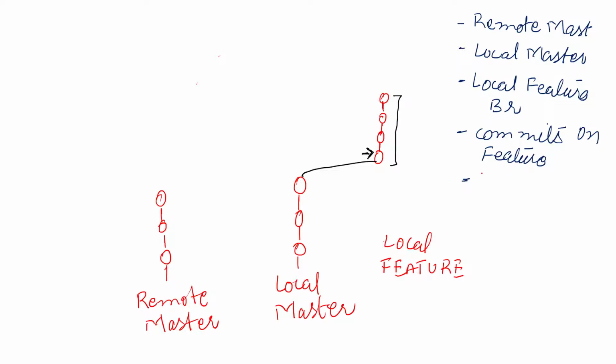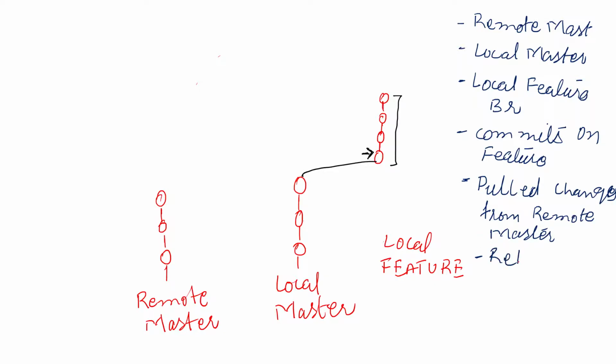Then when we finish our work on the feature branch, first we pulled changes or commits from the remote master. We pull changes from the remote master, and then we rebase, right?